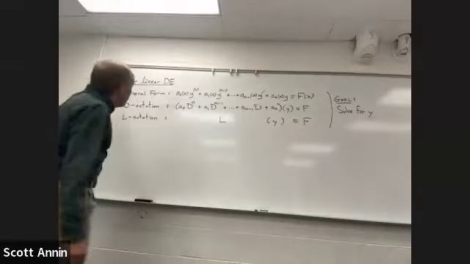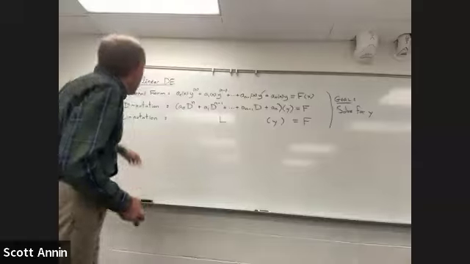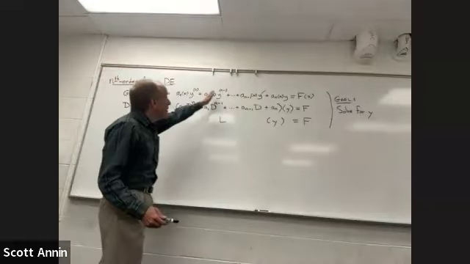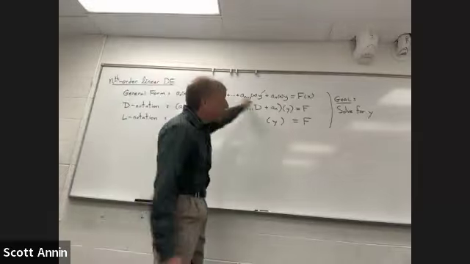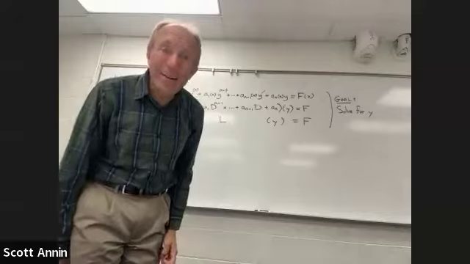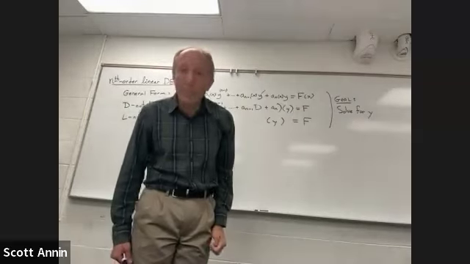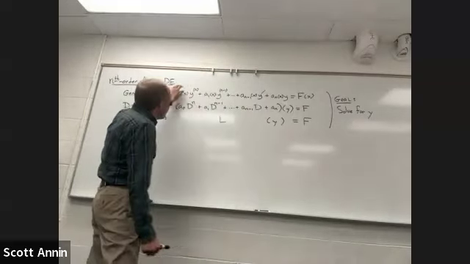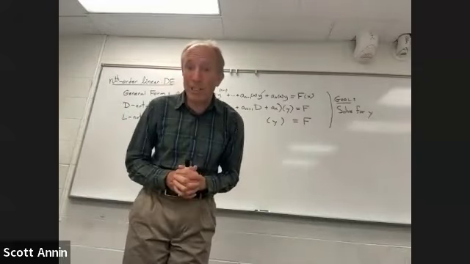On the first line of my board here, I wrote down the general form of this equation. As you can see, there are different derivatives of the unknown function y appearing in each of the terms on the left-hand side. The right-hand side has some function f of x. Keep in mind that all of the functions involving x can be any functions whatsoever.